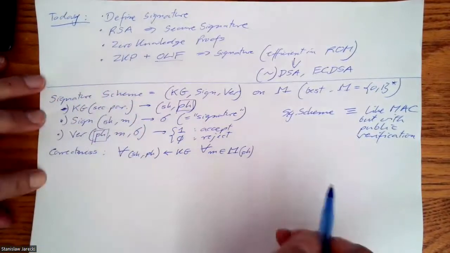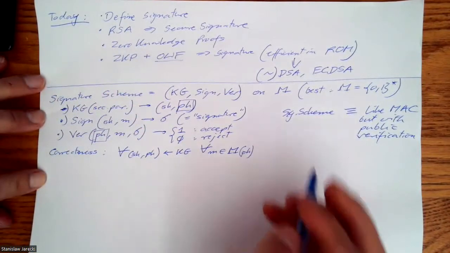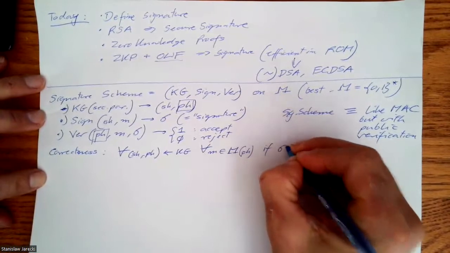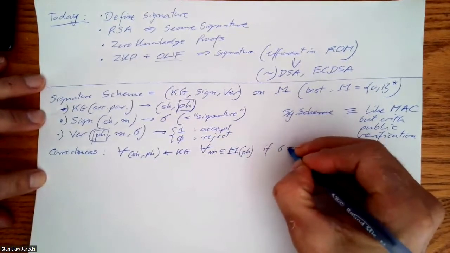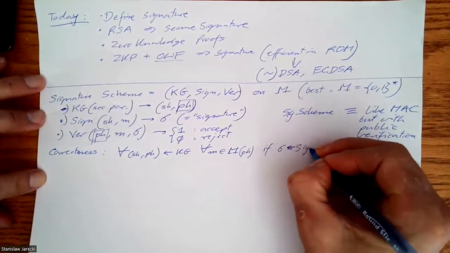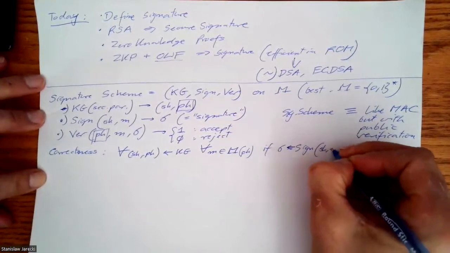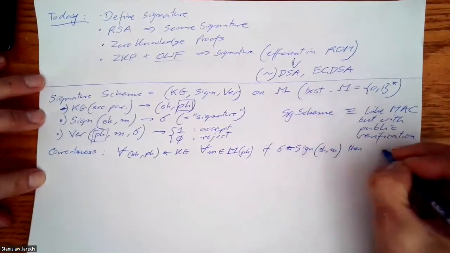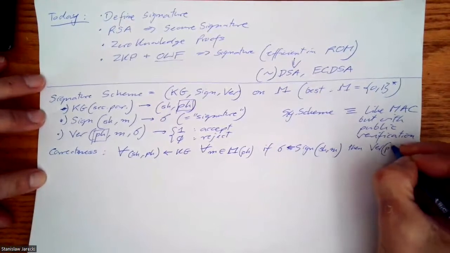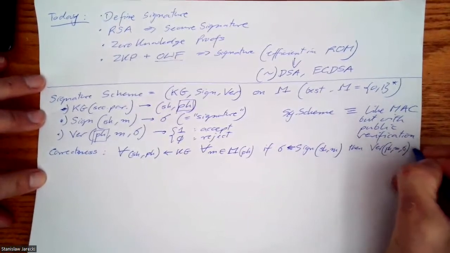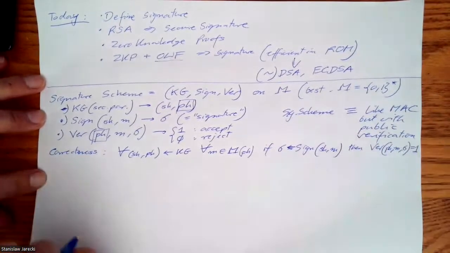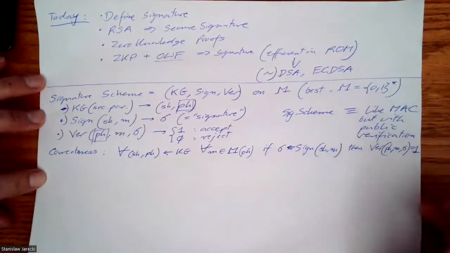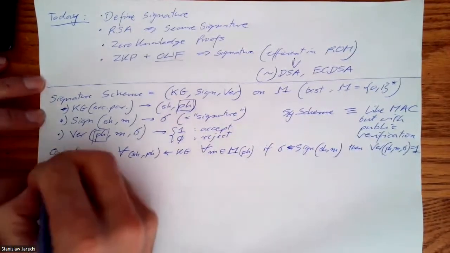This will be the case in RSA. If sigma is output by the signing algorithm on the secret key and a message, then the verification on public key, M and sigma outputs 1. Okay? In other words, verification of the correct signature accepts.